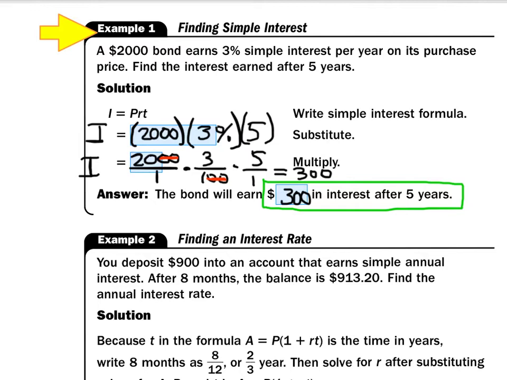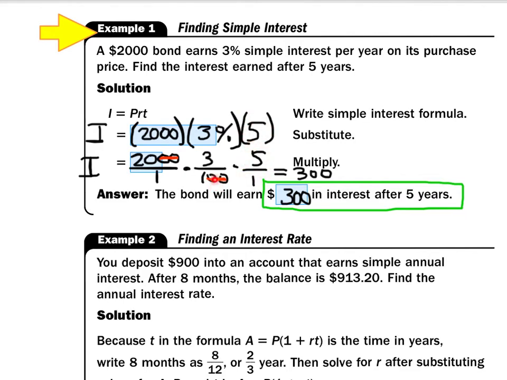Now, I want you to notice something. See how the amount of money, the principal, ends in 2 zeros? Well, whenever that number ends in 2 zeros, I like to change everything to a fraction, not to a decimal. So I make 2,000 look like a fraction, 2,000 over 1. I make 3% look like a fraction, 3 over 100. And then I make 5 look like a fraction, 5 over 1.